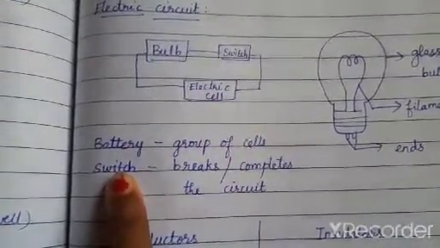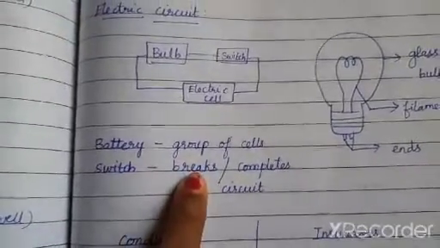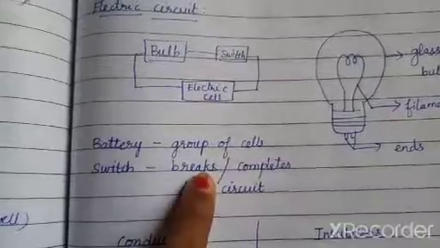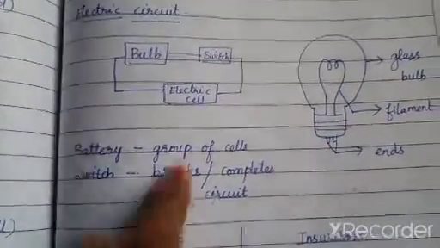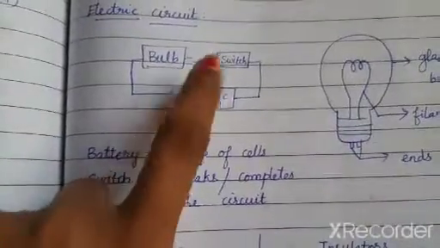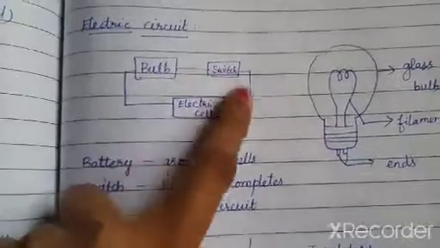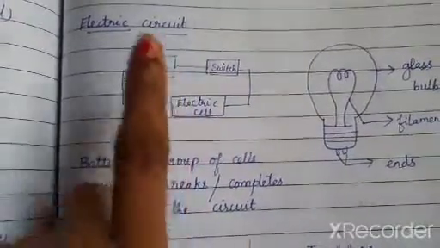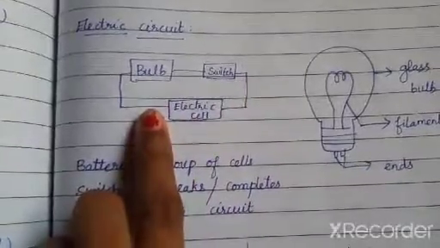What is a switch? A switch is an electric component which either breaks or completes the circuit. So look at here, I have connected a bulb with a switch and an electric cell using the connecting wires. Imagine this as a simple electric circuit because all the connections are proper here.